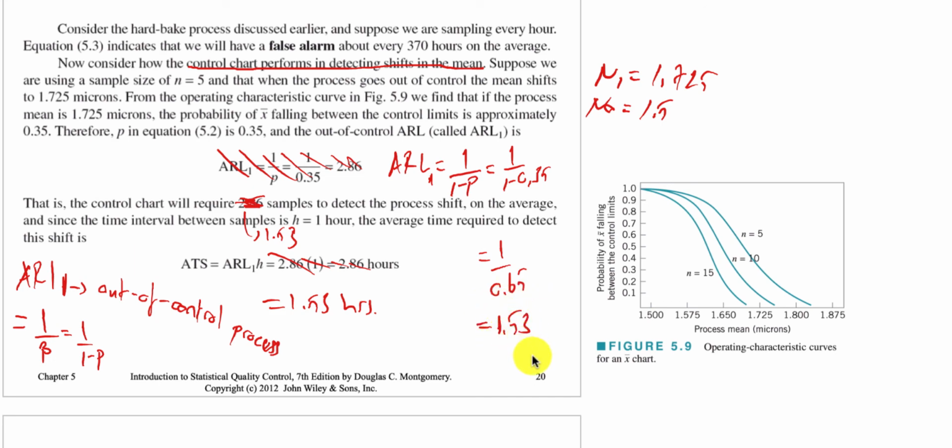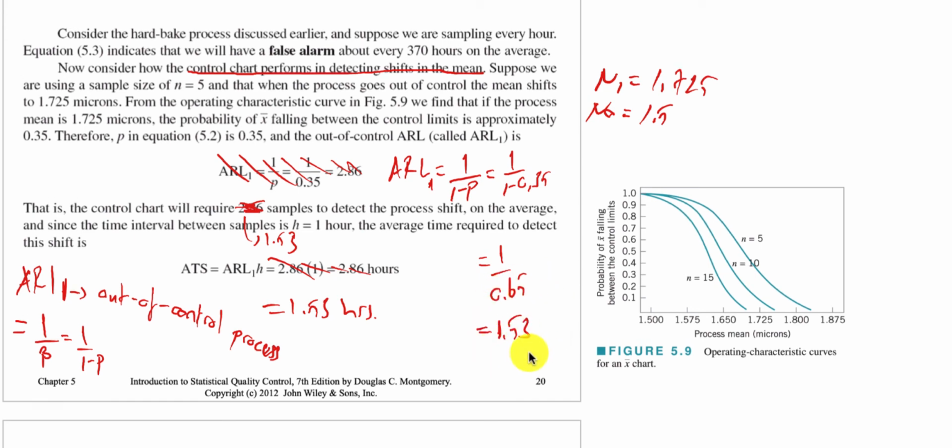So here, actually, it tells us something. It is telling us that for out of control processes, we are going to get an out of control dot, a sample, in every 1.53 samples. This is the expectation again, okay?